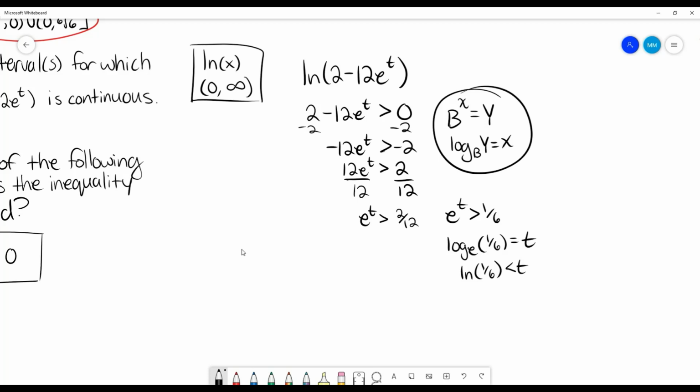Yeah, less than, I believe. Yeah. So our value needs to be less than that t. And so that is our t.